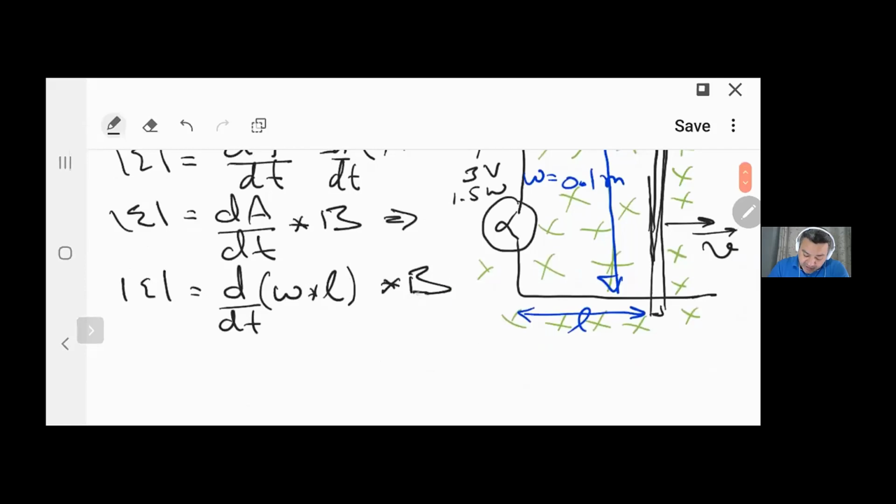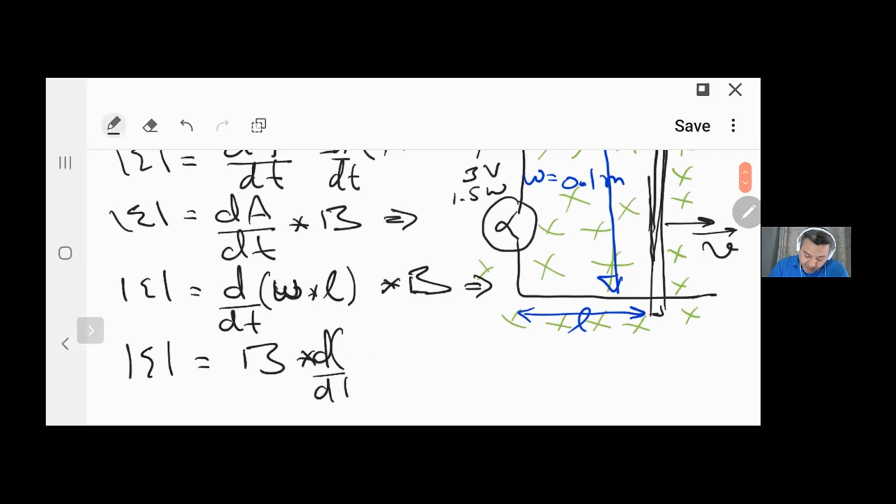However, as I said, B here is constant, W is constant, so here this d over dt is for W times L. Let me move B to the front here so it does not confuse you.